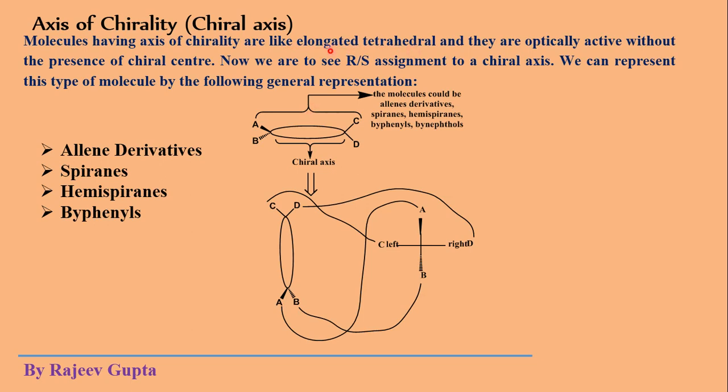If in a tetrahedral structure we elongate the tetrahedral carbon with more than one carbon atoms, then we will get an elongated tetrahedral where all the four substituents will not be present in a single molecular plane, as in a normal tetrahedral.